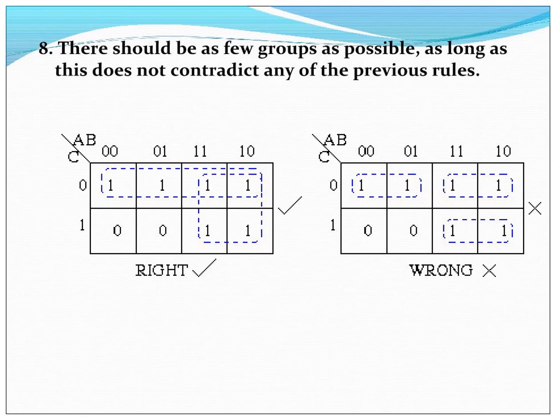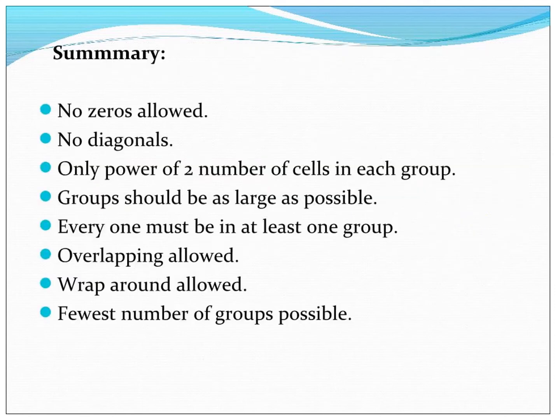For example, in the K-map shown here, on the right we have only 2 groups, and this is the most efficient way of drawing. Whereas here we have 3 groups, in 3 pairs rather than 2 quads. So this is not the efficient way of drawing the K-map, and it's not a practice.